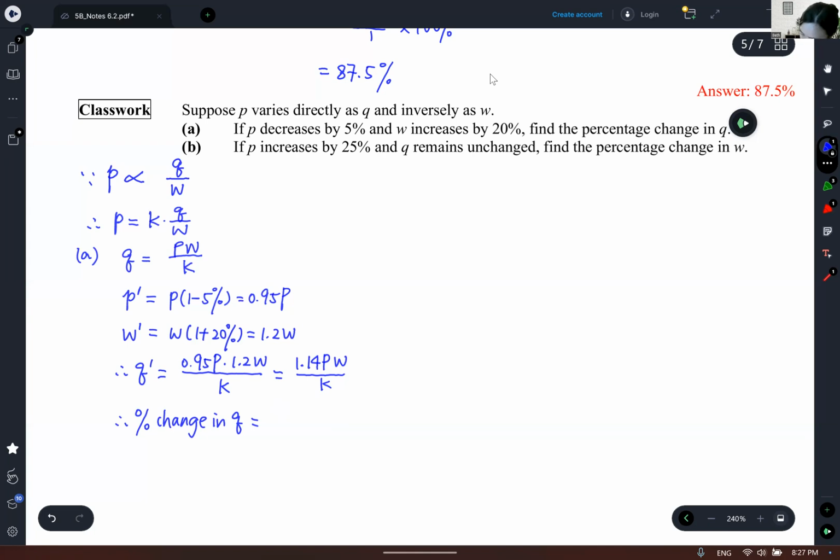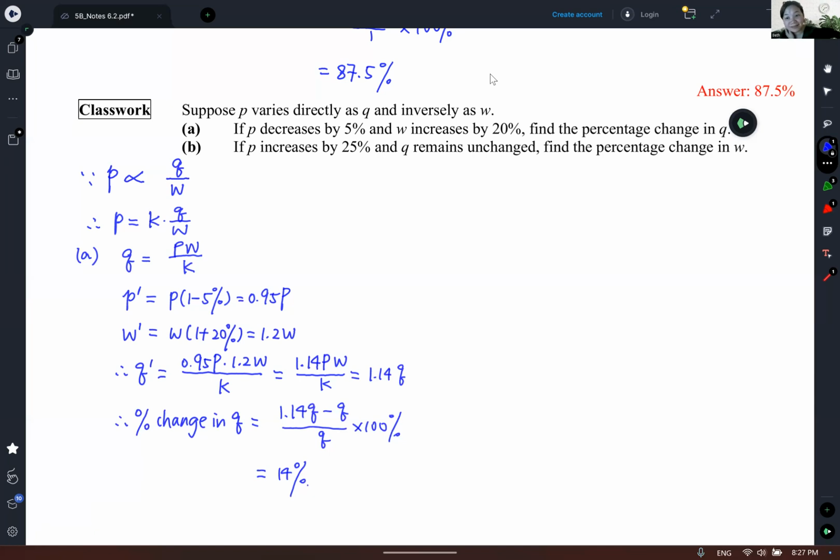I think it's easier if I write this: this will be equal to 1.14 Q. That's 1.14 Q minus Q divided by Q times 100%. I think it's easier, don't you think? 14%. It's much shorter to write.